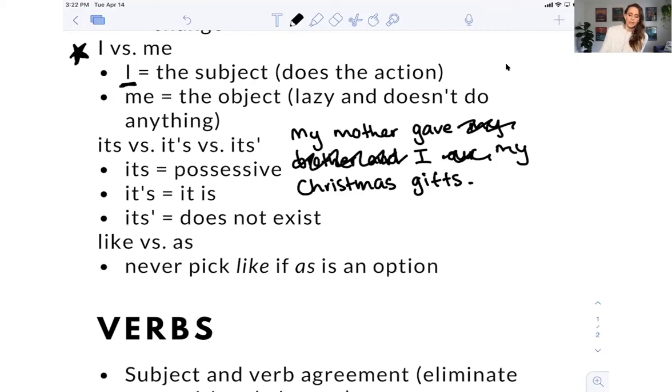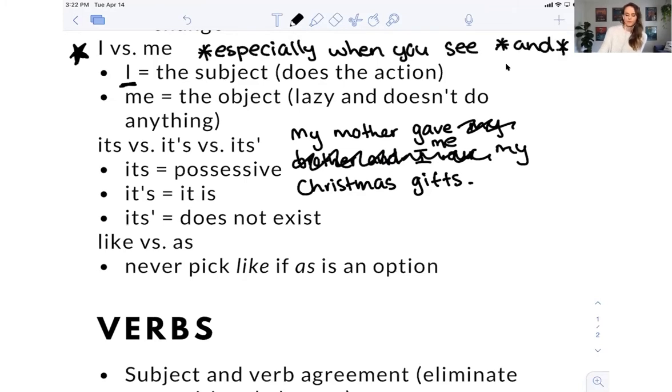So it should be my mother gave me my Christmas gifts. So be really careful when picking between I and me, especially if there is an and. Always delete the other part, or the other person, to really see should it be I or me.